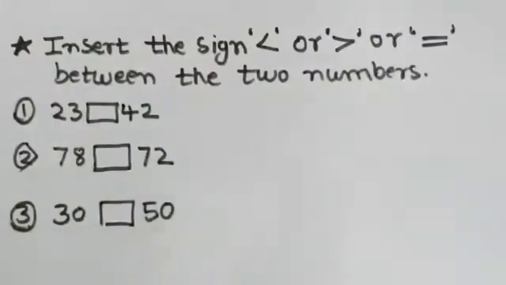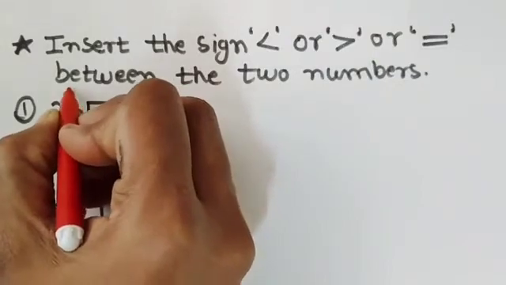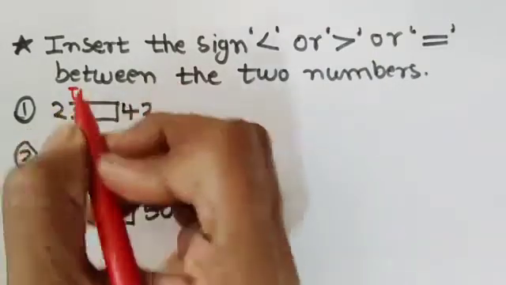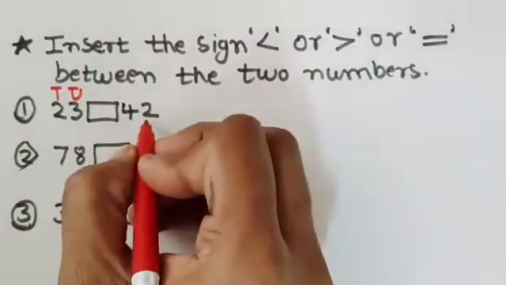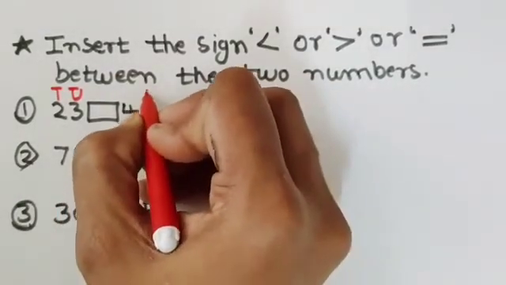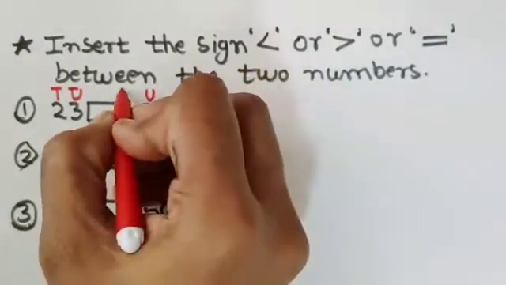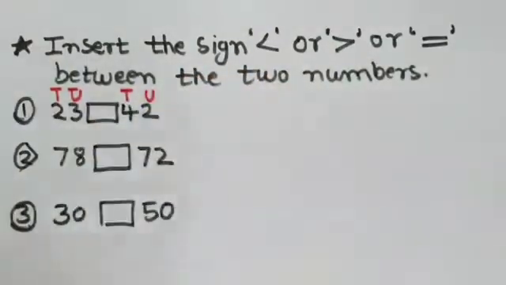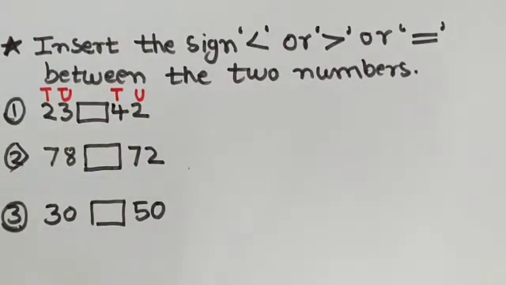Here we have a 2-digit number. 3 is in the unit place and 2 is in the tens place. And here also we have 2 at the unit place and 4 at the tens place. So how do we compare 2-digit numbers if both are 2-digit?